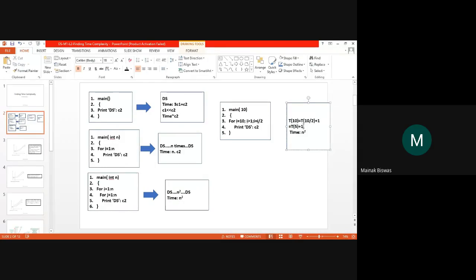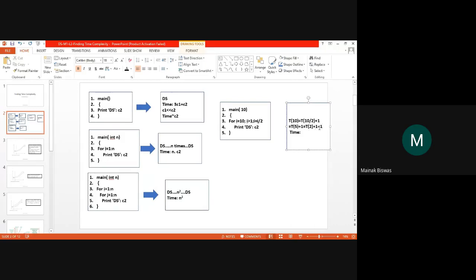Now can this T5 also be broken? Yes, T5 can be broken, since it is always becoming half. 5 by 2 is 2.5, but since it is an integer, it will become 2 plus 1 plus 1.